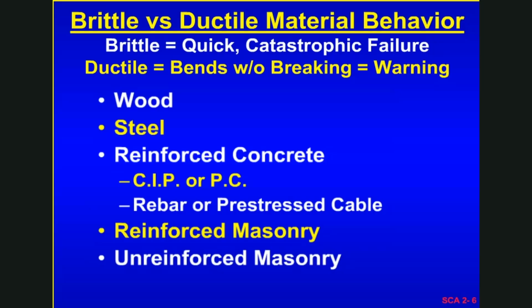Reinforced concrete comes in sort of two varieties. One would be cast in place, or CIP concrete, or could be precast concrete, PC concrete. With the cast in place, one has a much better chance at having a fairly ductile structure where the joints being properly done make a structure pretty much a continuous unit.